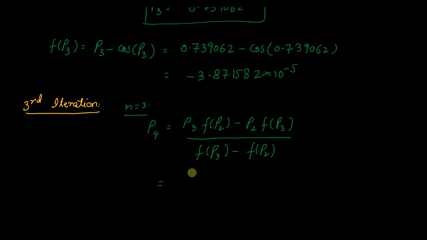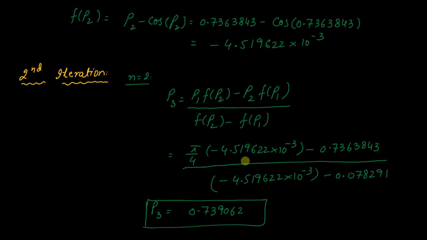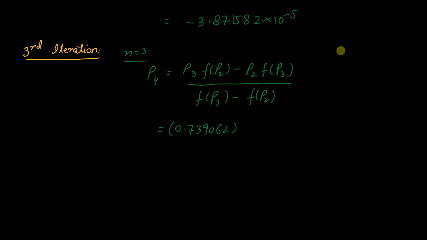We need to just substitute the values. So P3 is 0.739062. F of P2 is, previously, this is the value of f of P2. So we need to substitute it here. So it is minus 4.519622 times 10 raised to the power minus 3, minus we have P2.